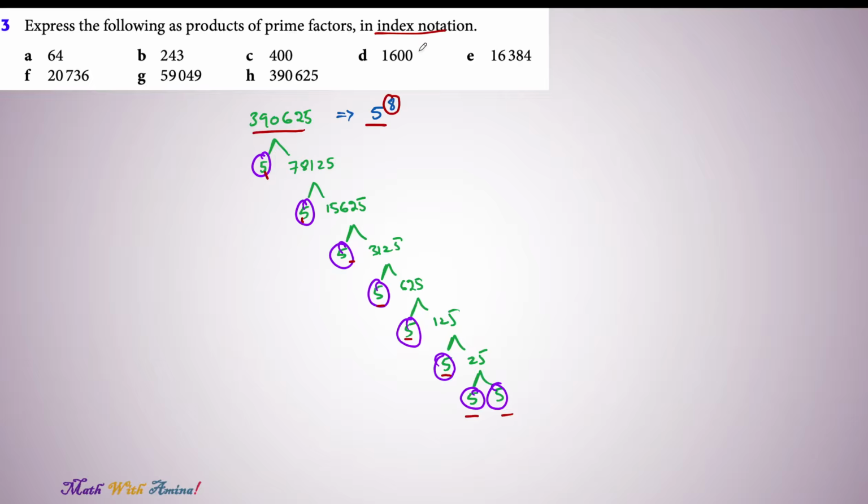The first thing that needs to be remembered when solving such questions is that first we find the prime factors, then group the repeated prime factors and use the indices or exponents to write them in shorter form.